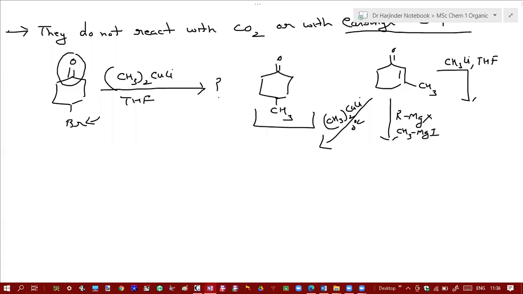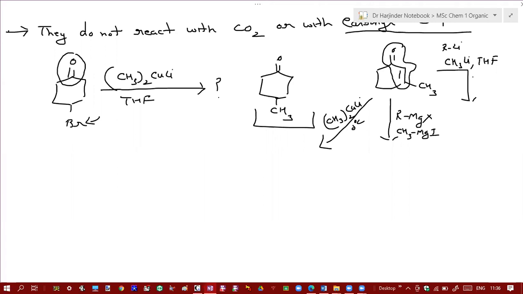Okay, wait beta, in alkyl lithium, in methyl lithium, here you can see this is an alpha beta unsaturated carbonyl compound. So what will happen in this case, beta? 1,2 addition or 1,4 addition?